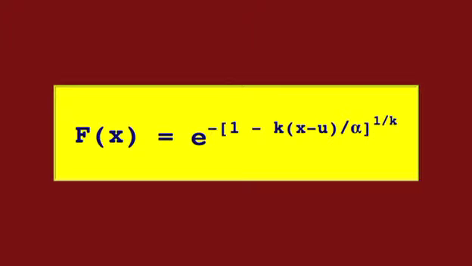The cumulative density function of the GEV distribution is, in which k, u, and alpha are parameters. The parameter k defines the type of distribution, the parameter u defines the location, and the parameter alpha relates to scale.